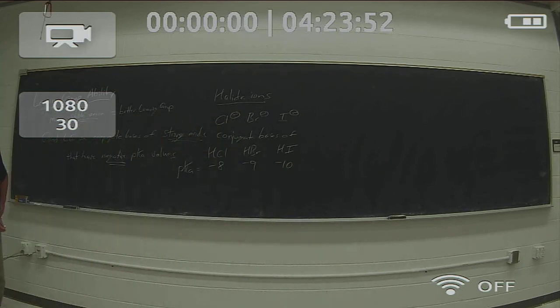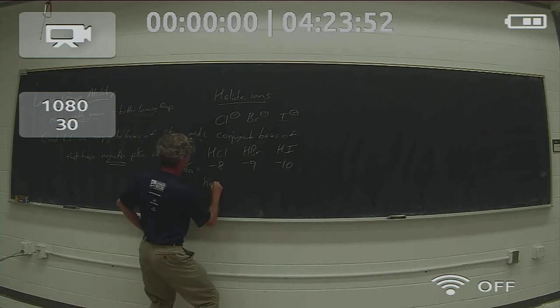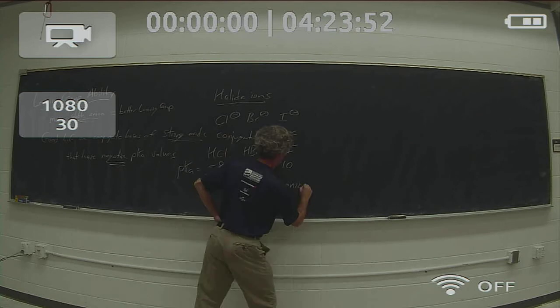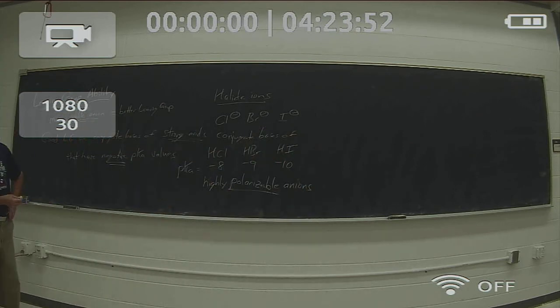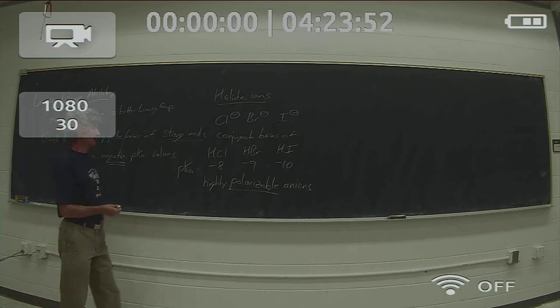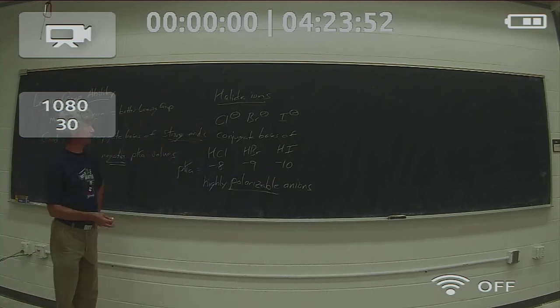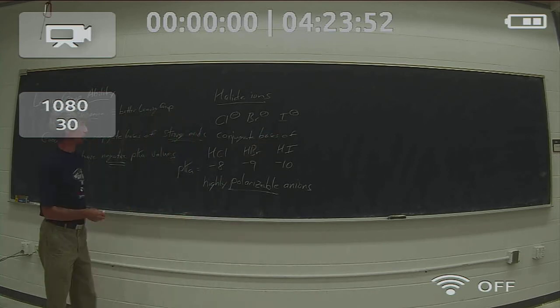And those anions are very stable because they are highly polarizable. Since iodine is slightly larger than bromine and bromine is slightly larger than chlorine, the acid strength increases as we go down the series, and the anion stability increases as we go down the series.